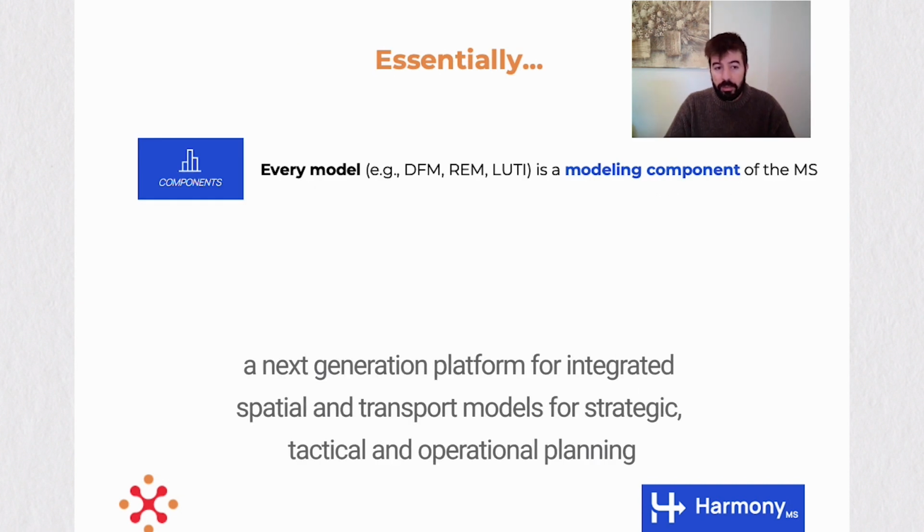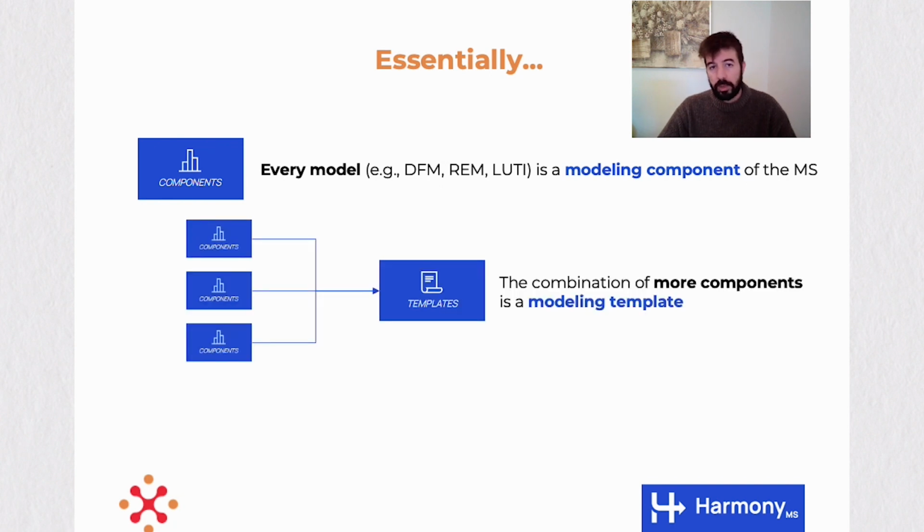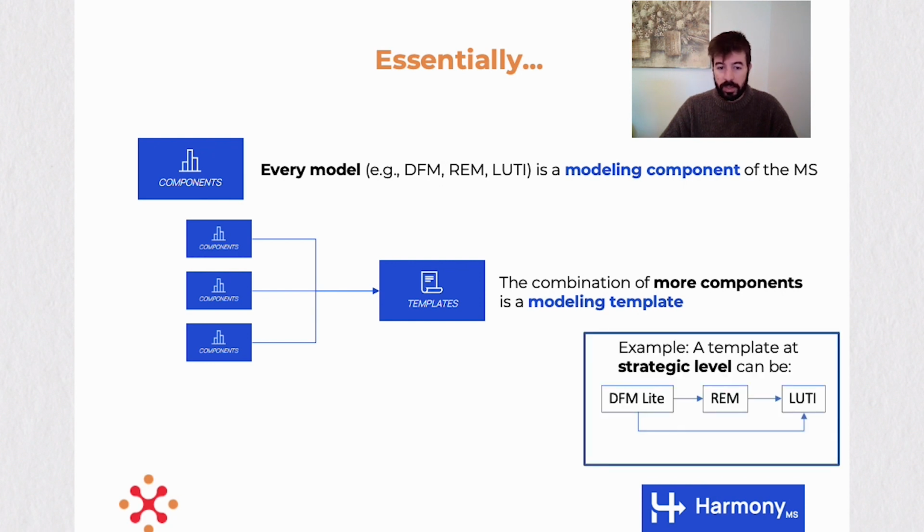So essentially every model, and we will see several of those, is a modeling component for the MS. And when we combine modeling components, which is one of the main functionalities of the MS, we create a modeling template. For example, a template at a strategic level can be a combination of DFM, light component, REM, and LUTI component.